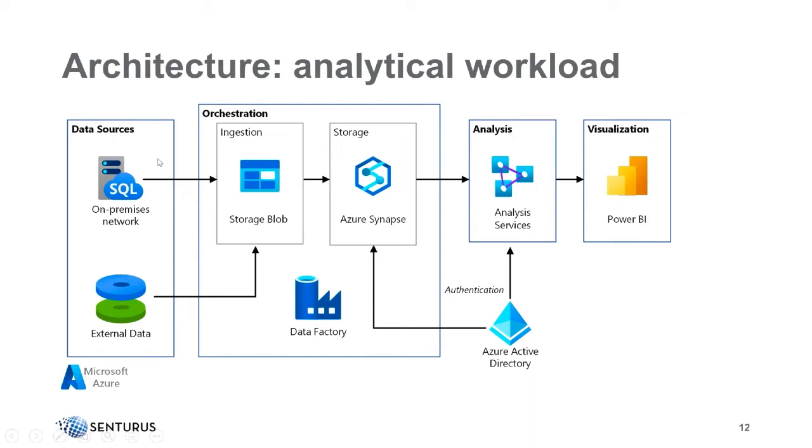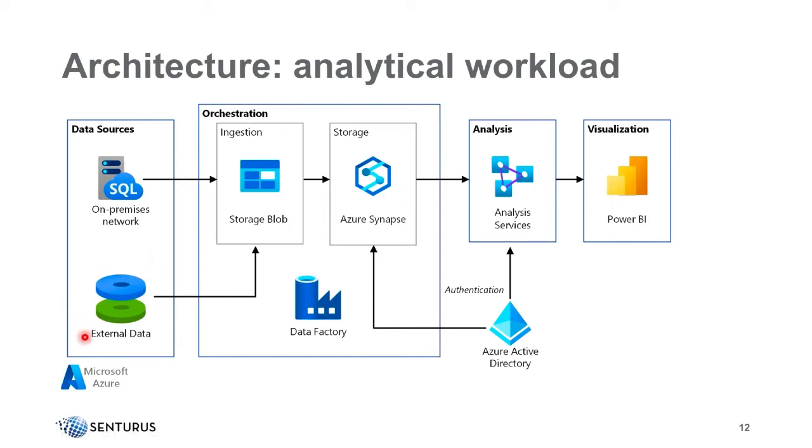So as far as the data sources are concerned, in this case, we have two types of data sources. We have our on-premises data source, which is a SQL database. So there's your SQL Server, there's your Oracle, DB2, MySQL, PostgreSQL, any of those SQL databases that you have currently within your on-premises data center. They are here.